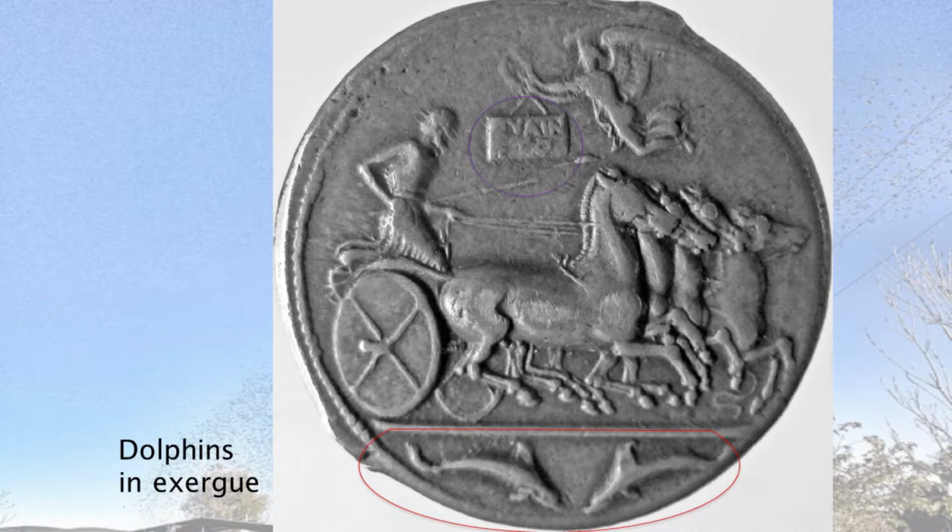We can imagine that, again, the workshops probably took somewhere around 2% of the output for their troubles, but we can imagine that perhaps the choice for the commission, the decision to commit to Kimon or to Eumenes, wasn't based on price alone, but may have factored in things like the prestige of the engravers, the reception of the coins by the audience, that is, by the community that uses them.